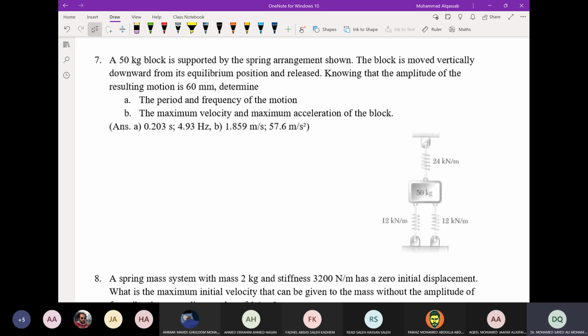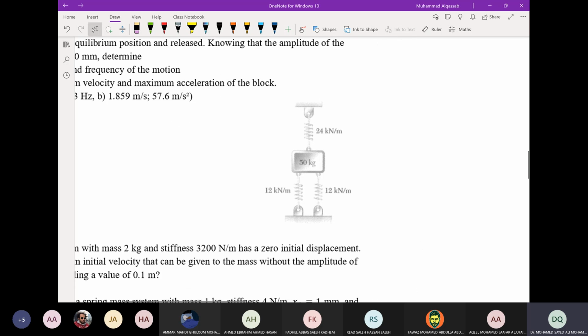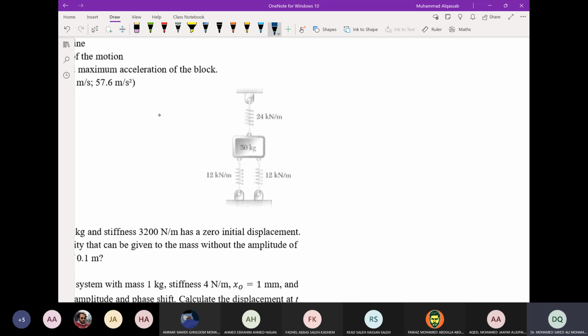The block is moved vertically downward from its equilibrium position and released. Knowing that the amplitude of the resulting motion is 60 millimeters, determine the period and frequency of motion, the maximum velocity and maximum acceleration of the block. Now, are those springs in series or in parallel?